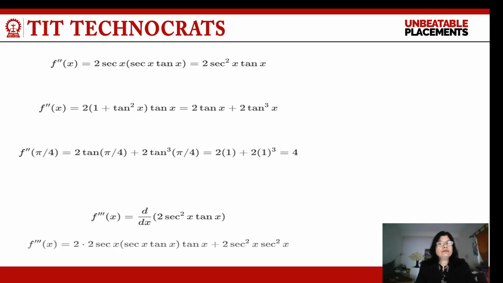Again differentiate, we get 2 sec x into sec x tan x, which is equal to 2 sec^2 x tan x. After simplifying, we know that sec^2 x is equal to 1 + tan^2 x. So here 2 into (1 + tan^2 x) into tan x is equal to 2 tan x + 2 tan^3 x.